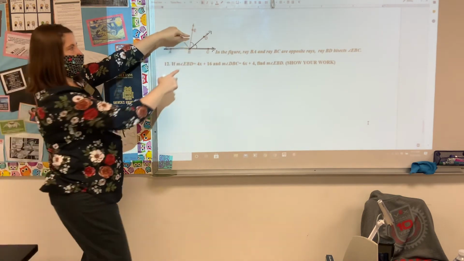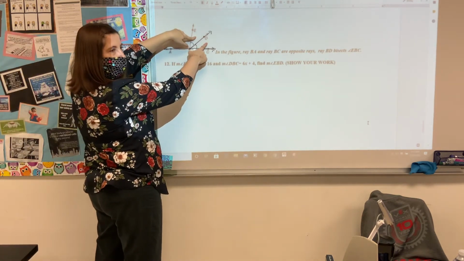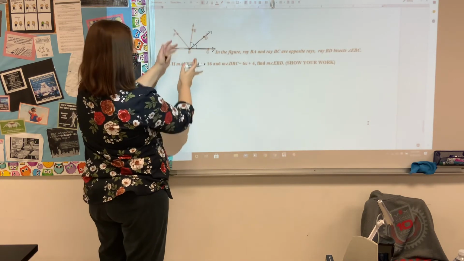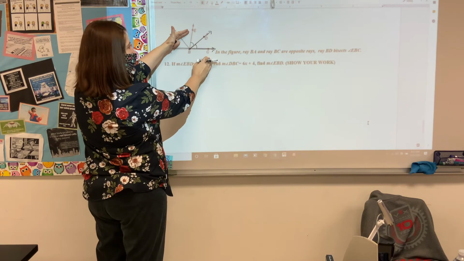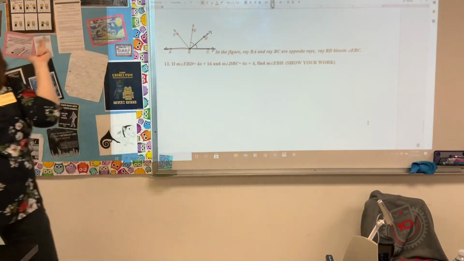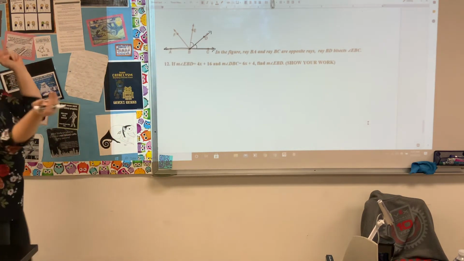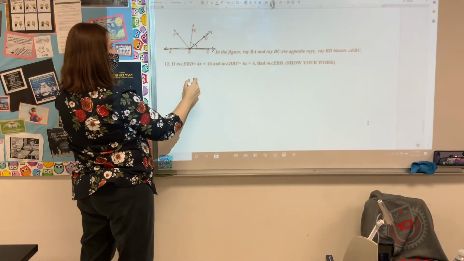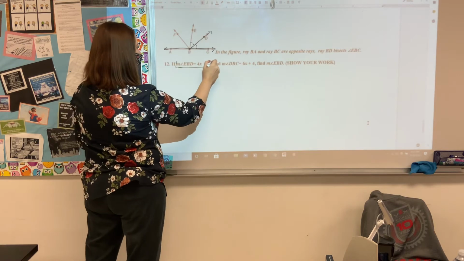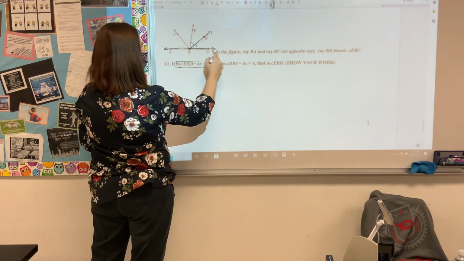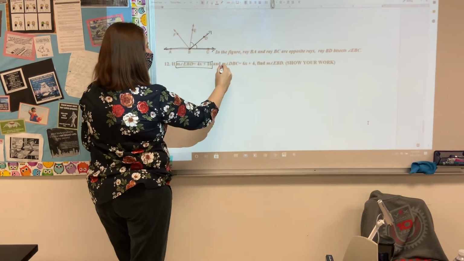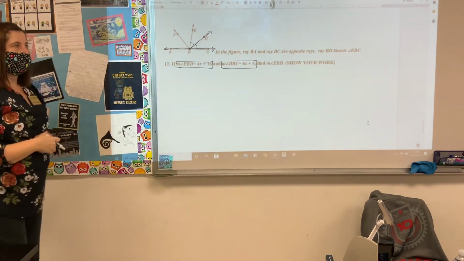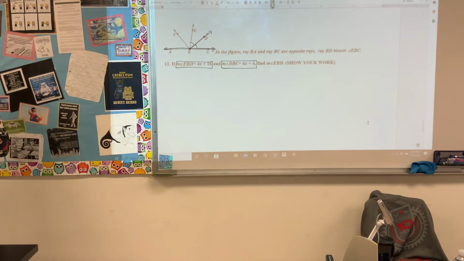Bisects means that these two are cut into equal pieces, because we took EBC and cut it in half. That's what bisects means. We know that EBD is this, and DBC, which is the other half, is this. So how do I solve for x?